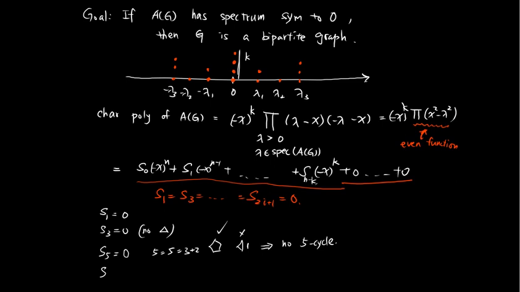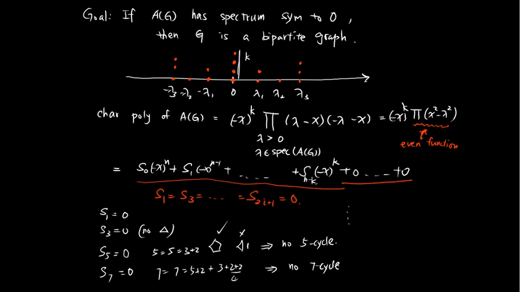And for the same reason, you can see S7. 7 can be a 7 cycle, or a 5 cycle plus 2, or a 3 cycle plus 2 plus 2, or plus 4. Anyway, it is not going to have a shorter odd cycle. You don't have a cycle of length 3 or 5, so the only possibility is the 7 cycle. It only counts the 7 cycles, so S7 equal to 0 says that there is no 7 cycle.